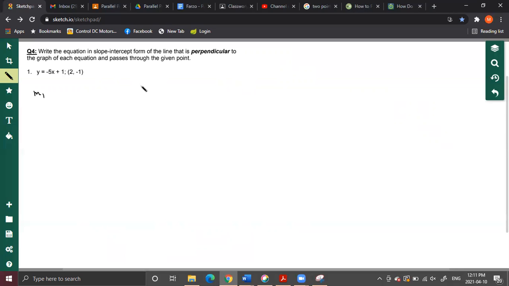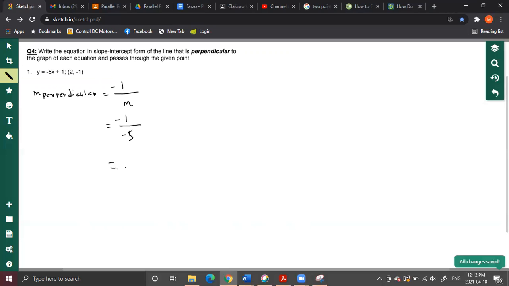So m perpendicular is going to be the negative reciprocal of the original slope. So the new line, the perpendicular line slope, will be the negative reciprocal of the slope of the line equation that's given. So in the line equation, the slope is -5, and we'll substitute that here.